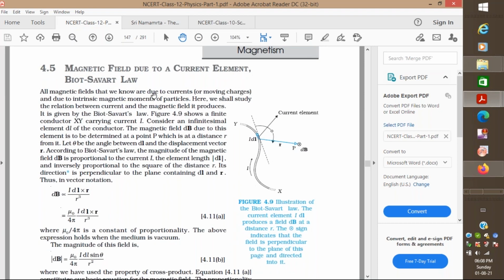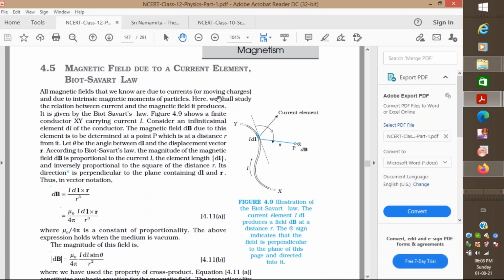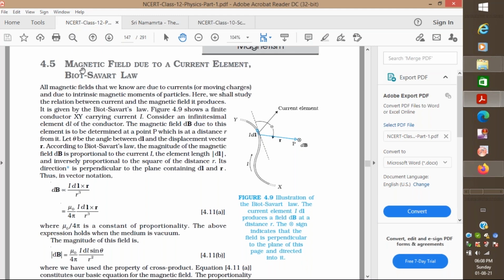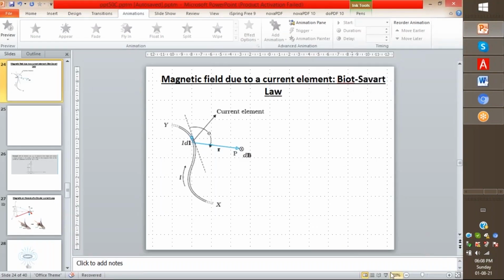This is by the use of Savart's law. So let us first learn what Savart's law is. I hope you are able to see my screen. This is the title for today's topic. Let me go to my presentation.